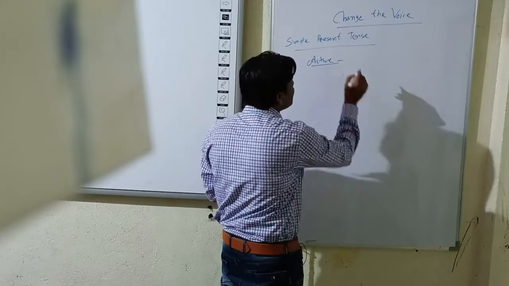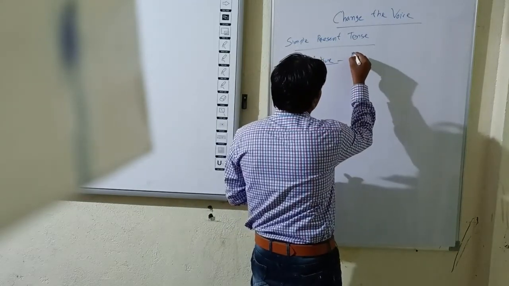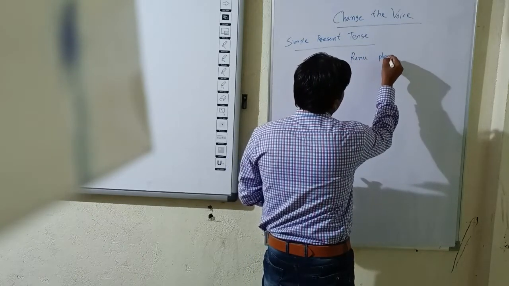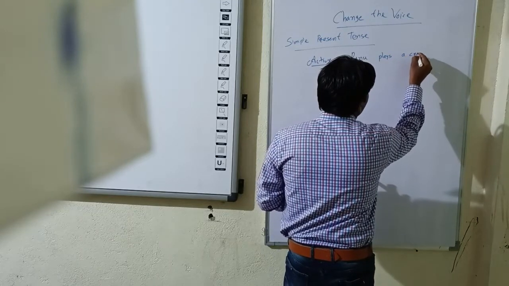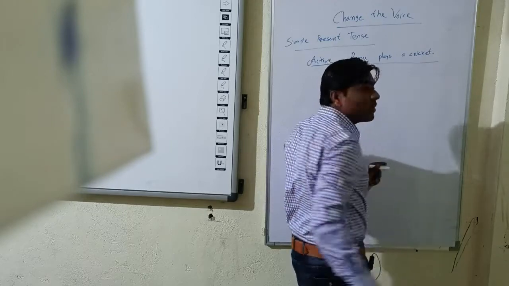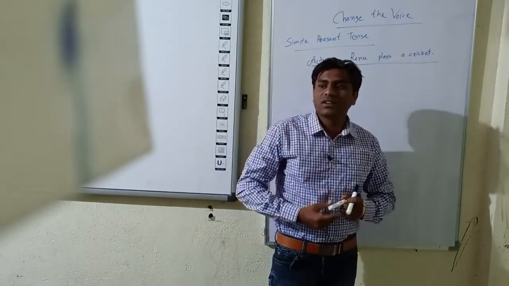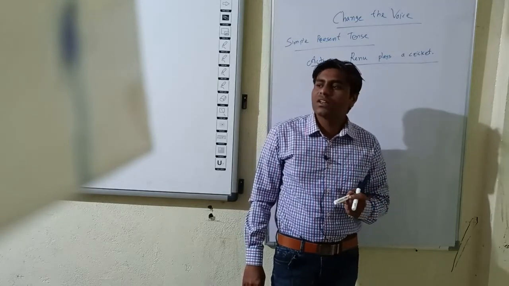The active sentence is from the simple present tense, like: Renu plays cricket.